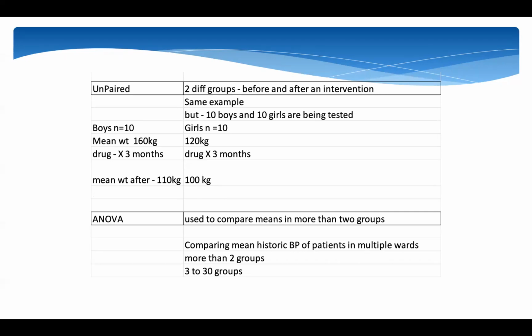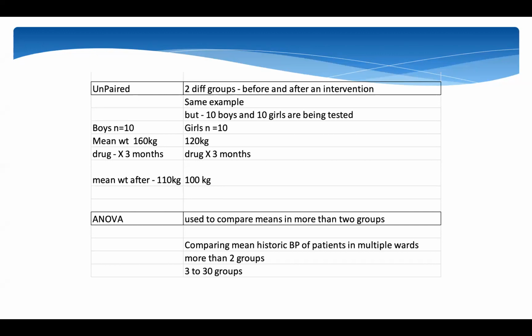Unpaired, using the same example, is two different groups before and after an intervention. Instead of 10 patients, we are using 10 boys and 10 girls. So n is equal to 10 for boys, n is equal to 10 for girls. The mean weight of the boys was 160 kgs, the mean weight of the girls was 120 kgs. The same intervention is given to both groups.